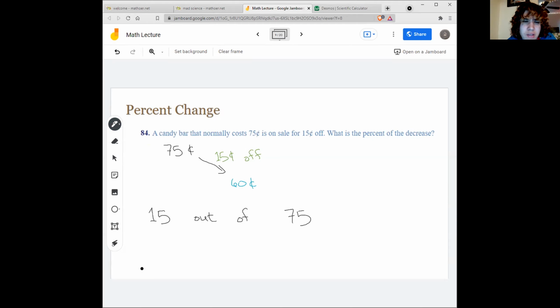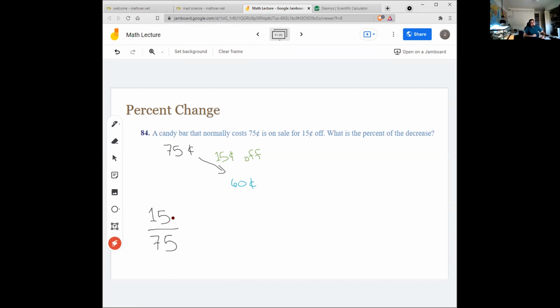Would you multiply? Because it says of. That's a good guess, but it's not going to work. I think it's dividing. It is. If I don't write it with the words out of, which was there just to trick you, sorry. If I wrote it like that, does that make more sense? 15 is my part. And 75 is the whole amount. It's like I got 15 out of 75 pieces of brownie or something like that.